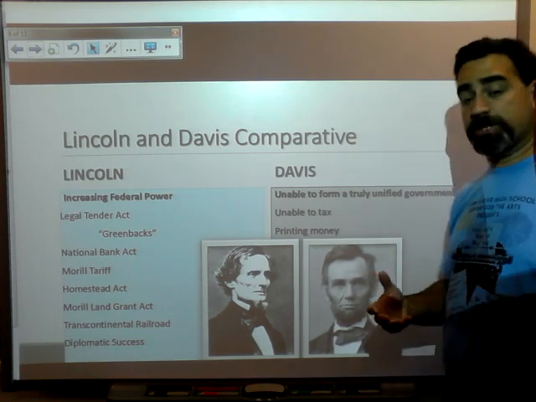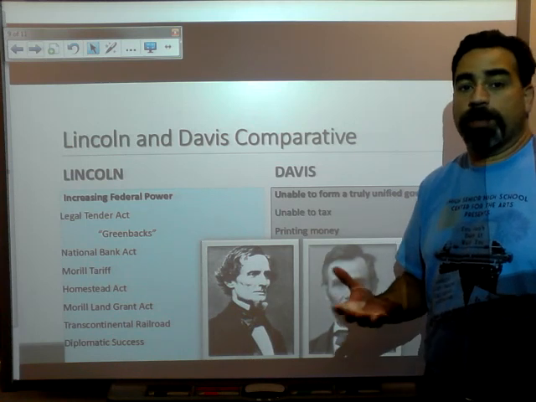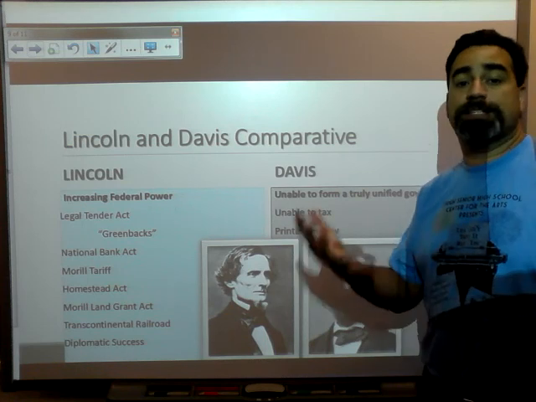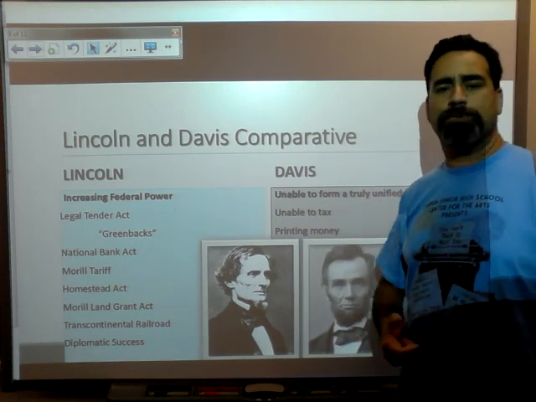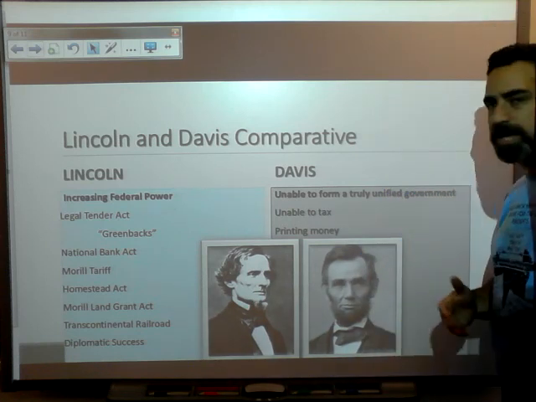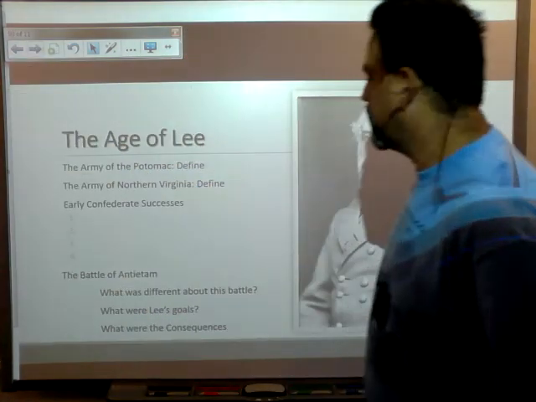So he was stuck with just kind of printing money. And that money really didn't have any value in and of itself. Who invests in currency for a nation that may not exist in the next year? So all they could do was print money, and they were experiencing something like 9,000% inflation, which is just absolutely unbelievable.